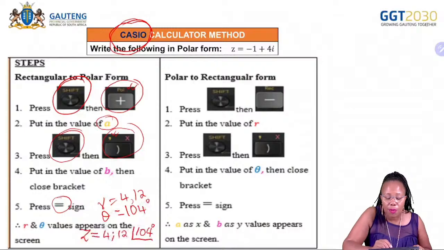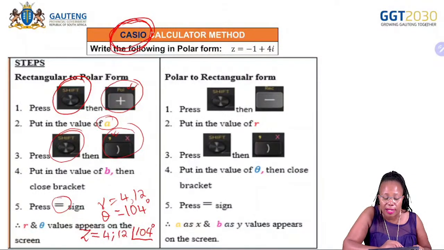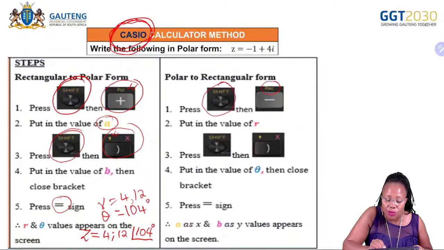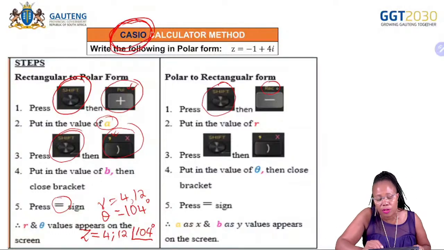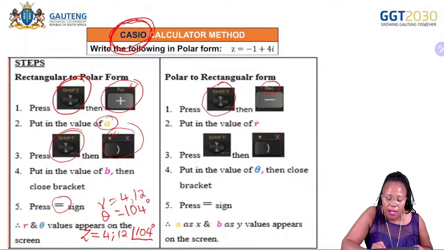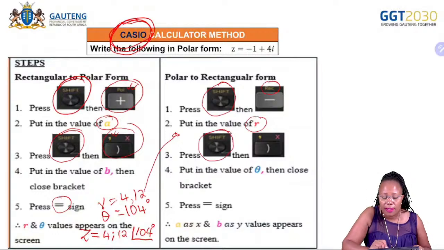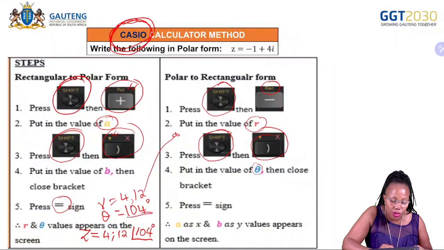Okay, and then now polar to rectangular, we are using the Casio calculator. Now you start by shift again, and then you press minus because you want to go to rectangular. If you go to polar, you choose the plus polar. If you go rectangular, you choose minus for rectangular form, and then bring in the value of R. That means you put in this 4,12 for an example, and then shift button, and then your bracket colon in order to be able to put the theta value now, which is 104 here, and then you press equal sign.